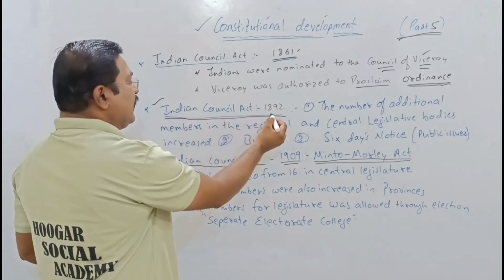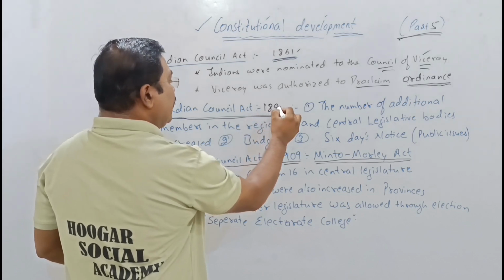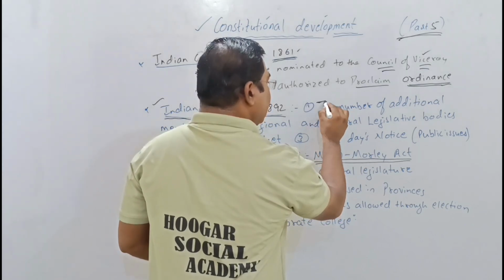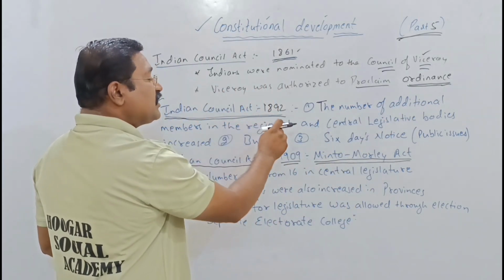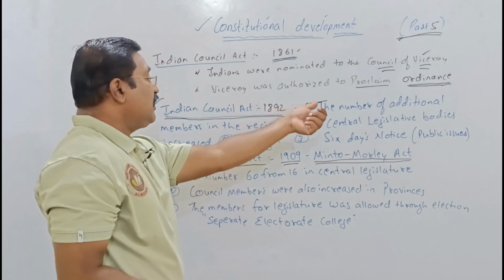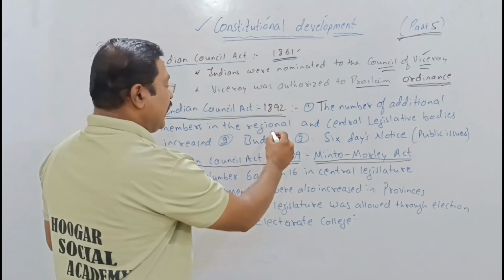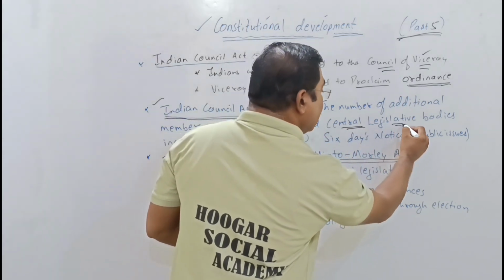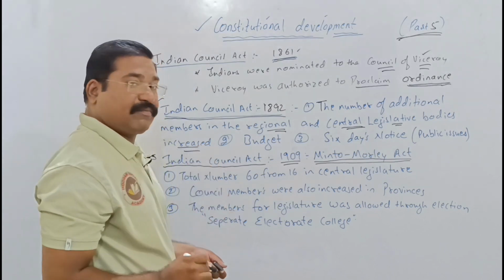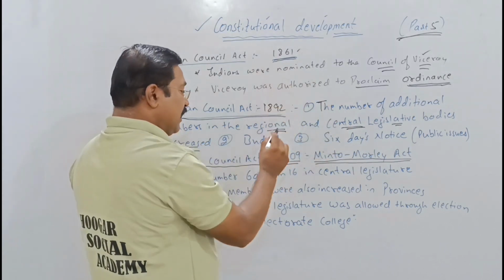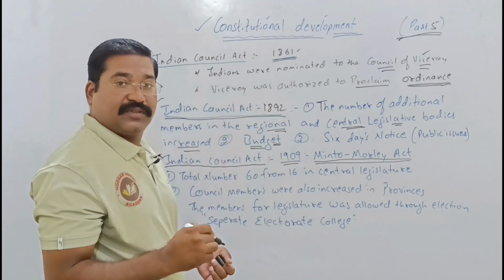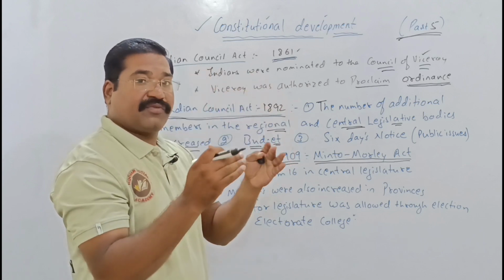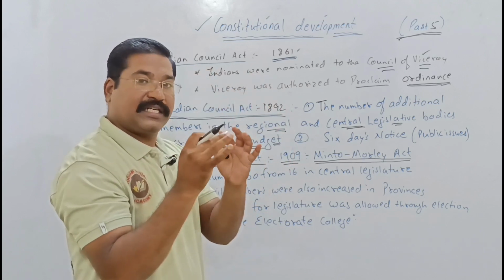In the same way, in the year 1892, the Indian Council Act was introduced. According to this act, the number of additional members in the regional and central legislative bodies was increased. More members were added in the regional bodies, meaning provinces, as well as in the central legislative body. And for the first time the word budget was used. We know that a budget helps in framing the expenditure part, since a budget talks about expenditure.